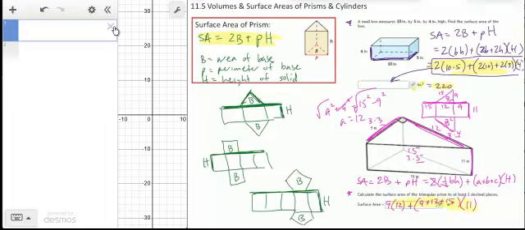And if you perform the calculation, you get 504. Once again, the units for this are square units. The specific units are meters, and so you would get 504 square meters for that surface area.